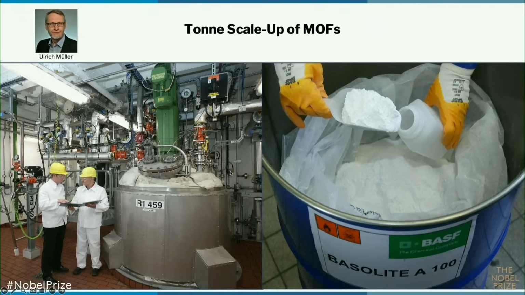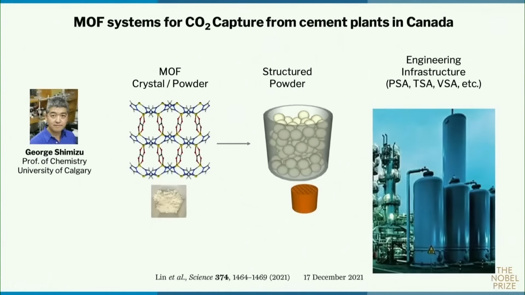And very quickly, we together successfully started scaling up MOFs to multi-ton quantities, and this then became an important contribution to the MOF that is already deployed in Canada to trap CO2 from cement plants. Cement plants emit almost 1/3 of the total industrial emission of CO2.